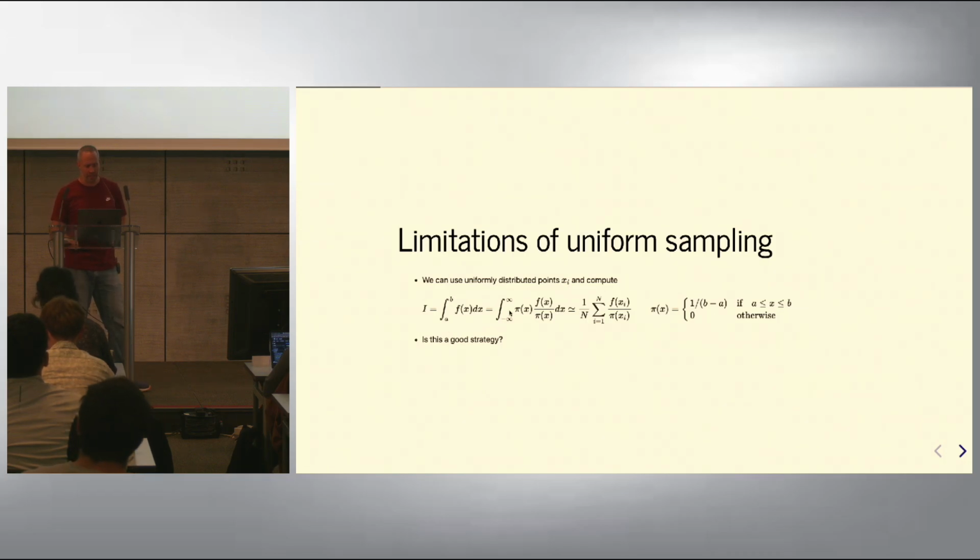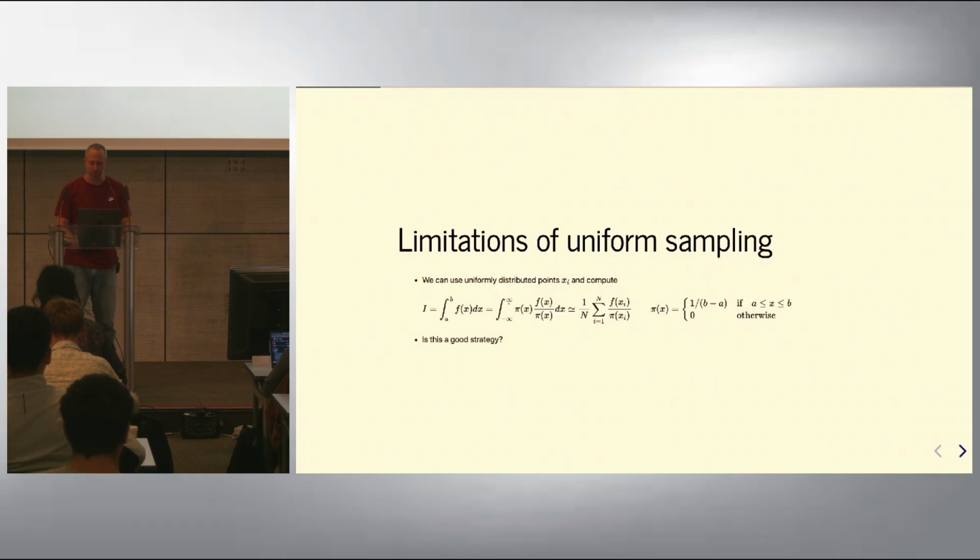And I'll rewrite this as an integral of f divided by pi, multiplied by pi. I haven't done anything, but I've introduced pi, which is the distribution function that I want to use to throw my evaluation points. In the case of uniform sampling, this probability distribution is just a constant. And as you see, it's normalized to 1. It takes value 1 over the length of the interval.